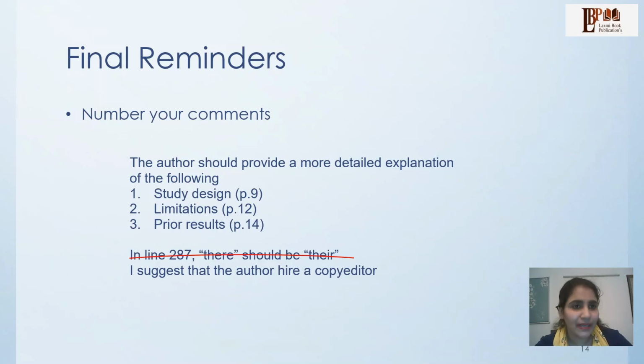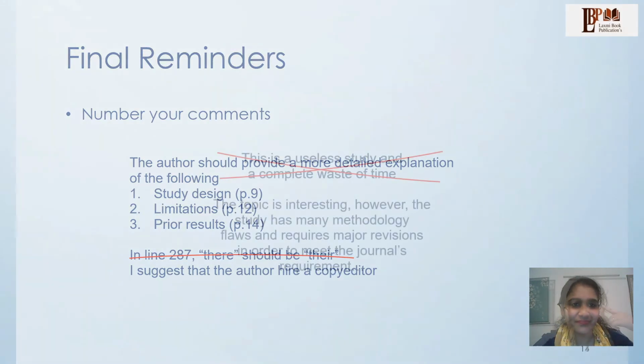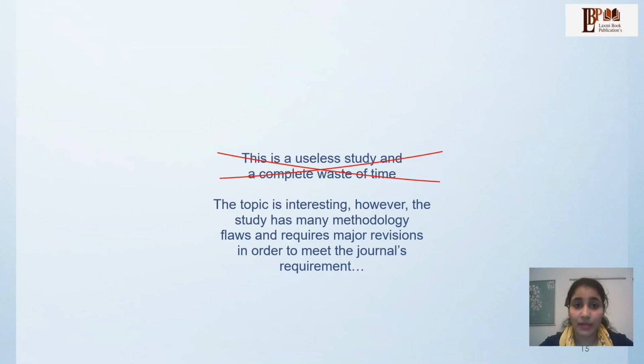And it should not be like, as you can see on your screens, that in line 287, THERE should be THEIR. No. Again, the same thing. Don't be a copy editor, okay? You can recommend one.